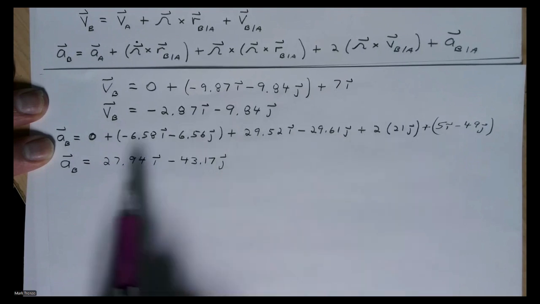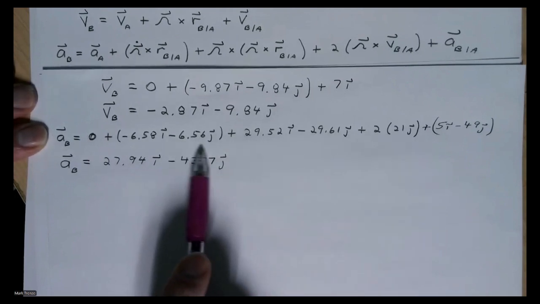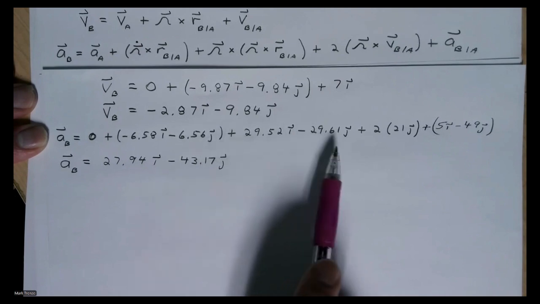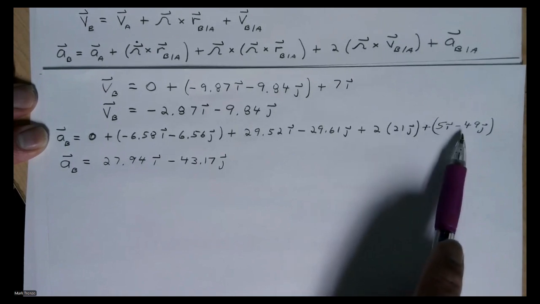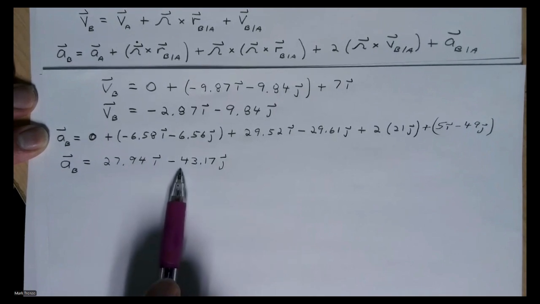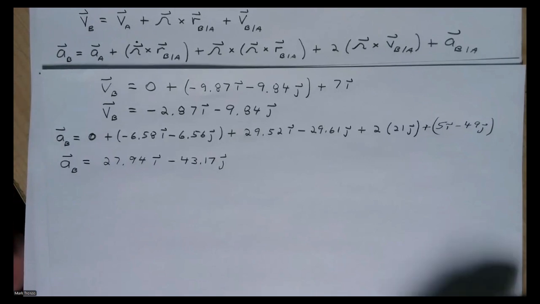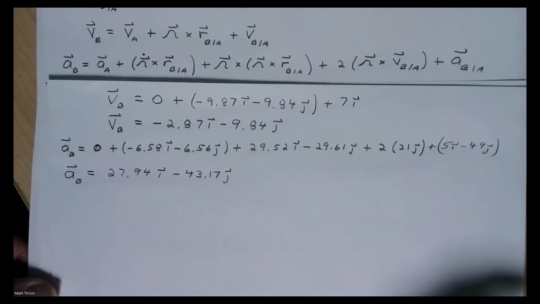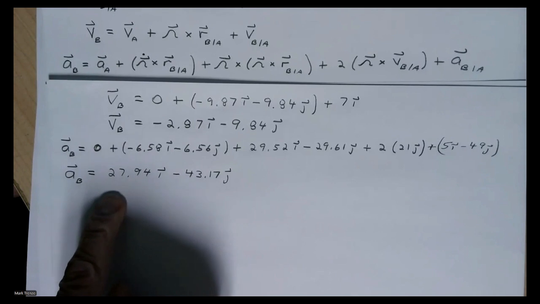That all gives us 27.94I. Then for the J's, we have negative 6.56, negative 29.61, 2 times 21, and then minus 49. That all comes out to 43.17 for the J's. And so again, we got the velocity of B and the acceleration of B.